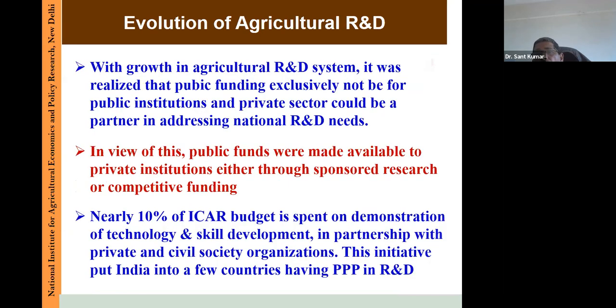With the growth in the agriculture R&D system, it was realized that public funding need not be exclusively for public institutions, and the private sector could be a partner in addressing national R&D priorities and needs.